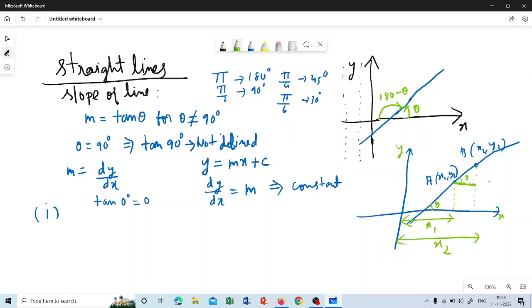You have to compute tan theta. To find the slope, we need tan theta. So tan theta, let me name this, it is already A, and I can name this as point C. So we have to find tan theta, which is equal to opposite by adjacent.